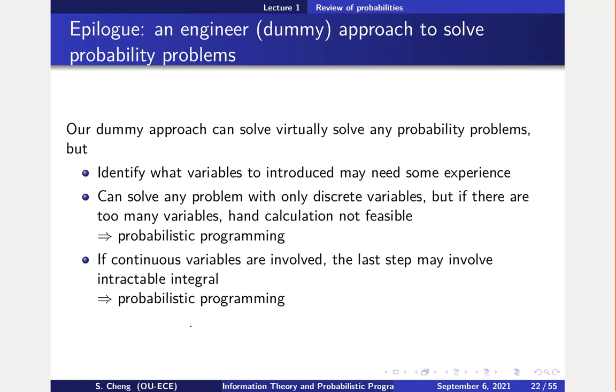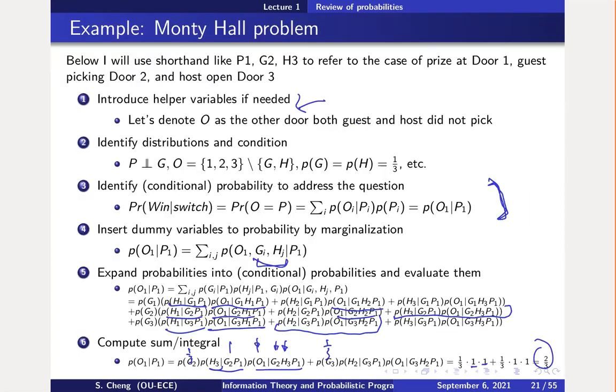So I just want to give some final remarks here. This approach that I'm proposing, you can virtually solve any problem with it, but it requires some kind of experience. You need to figure out, for example, what kind of dummy variable you should insert.